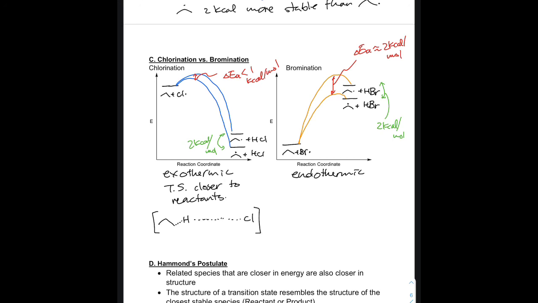H and Cl haven't really formed a bond very much yet, whereas in the bromination situation, the transition state looks a lot like the product.